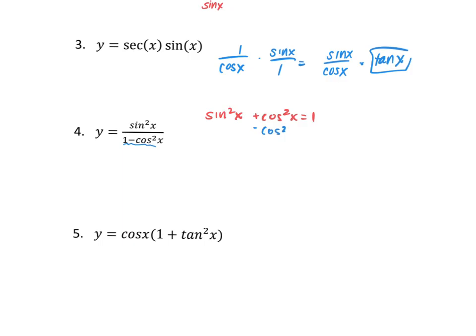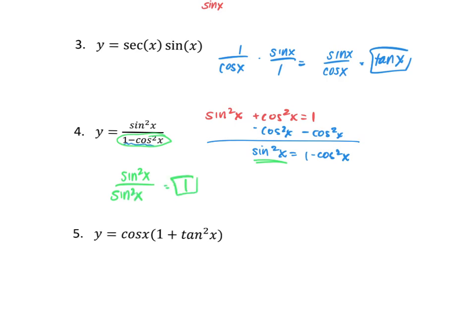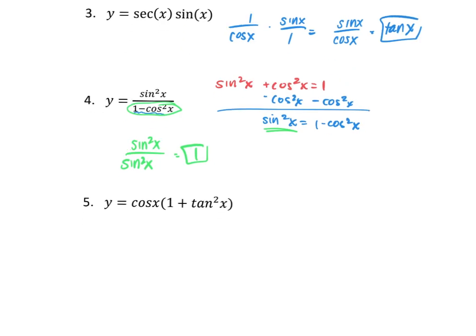I can just subtract cosine squared from both sides, and we end up getting sine squared equals 1 minus cosine squared x. Okay, so that means I can replace this denominator with sine squared x. So the numerator is sine squared x, and the denominator is sine squared x. So we get 1 again.